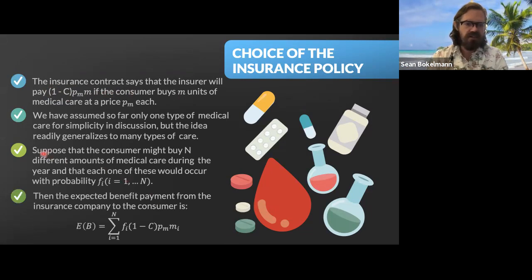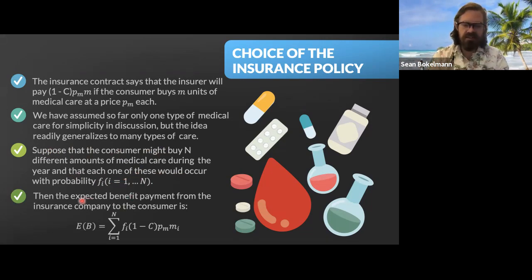Okay, so to think about this generalization, suppose that the consumer might buy N different amounts of medical care during the year, and that each of these occurs with a probability F sub I, where I is 1 through N, right? So there's a different probability for each medical expense.